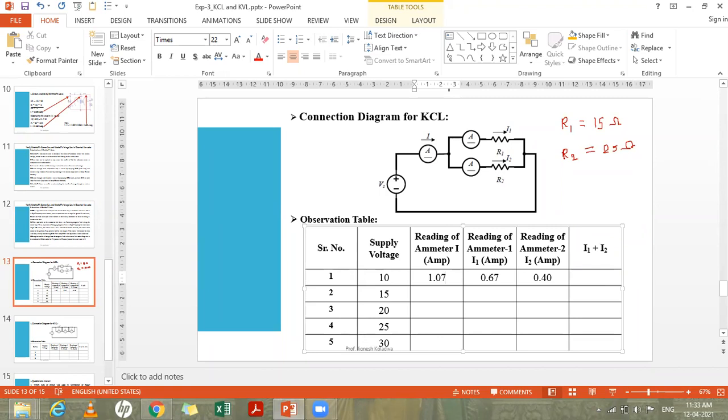And if you do I1 plus I2, you will get 1.07 only.